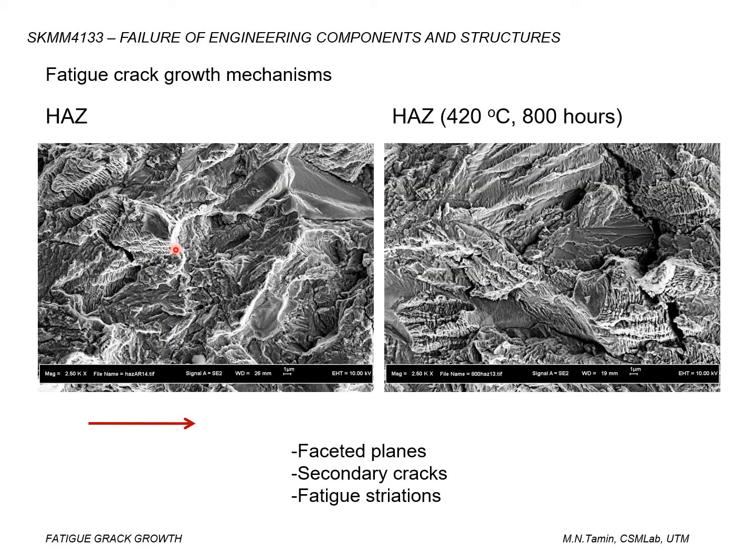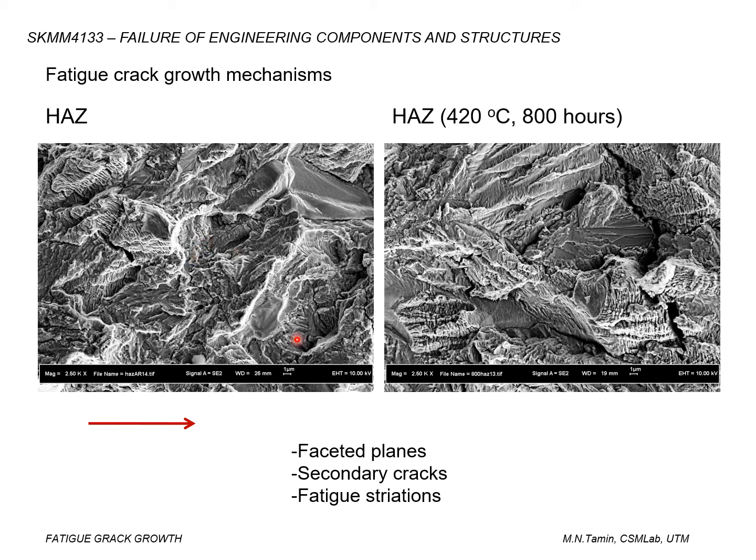When we examine the fracture surface of a component, we can look for a few distinct features. Here we show the typical morphology. This is the fracture surface where we are looking normal to it, and the loading is in the direction out of this plane.